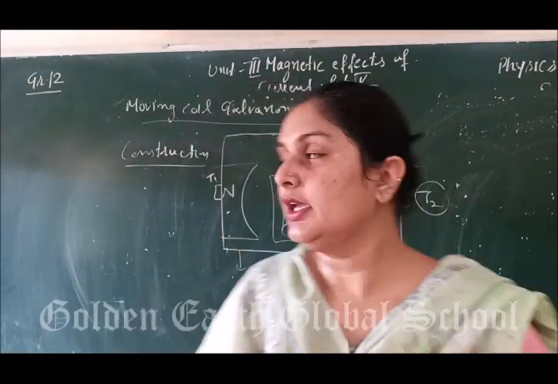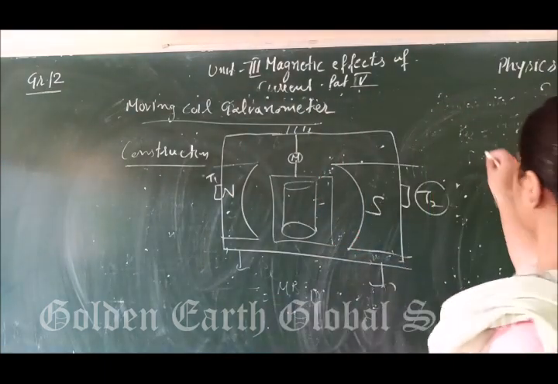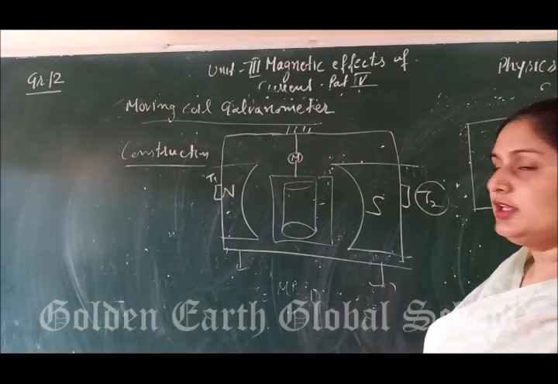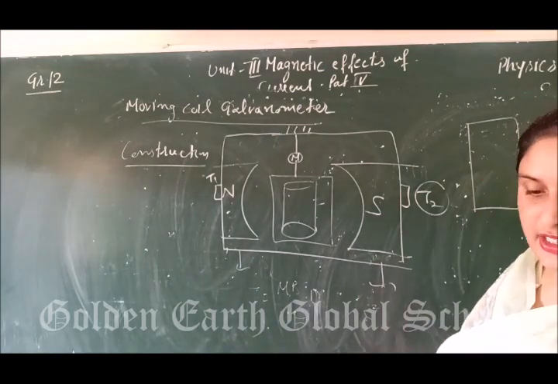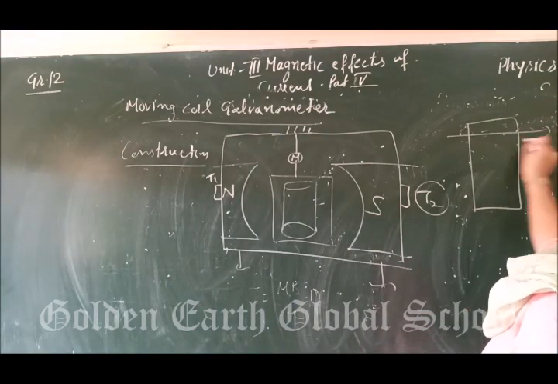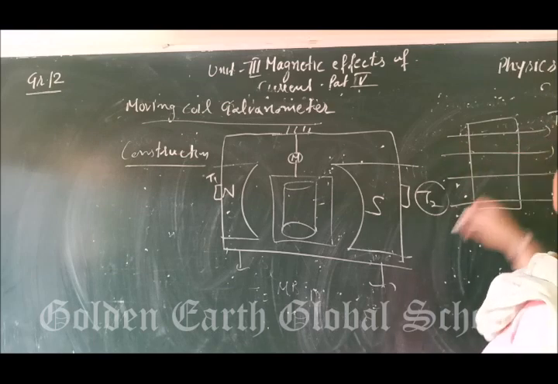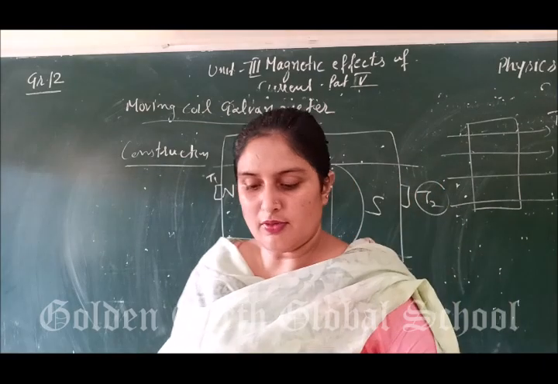Next, about the working. In the working, we have placed a rectangular coil ABCD having a number of turns inside the magnetic field B, as we have already done.